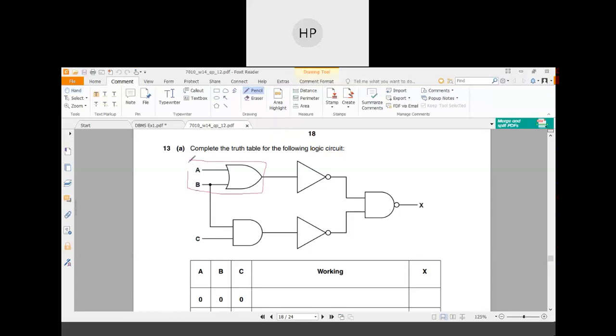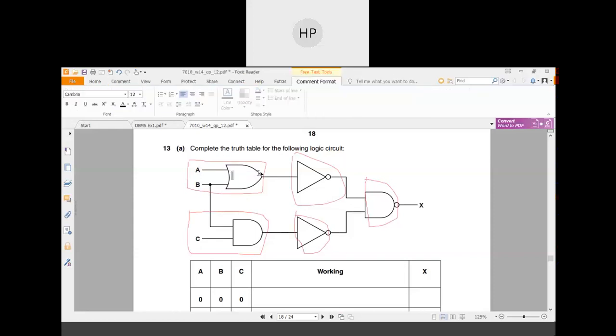So what we have here is 5 separate gates in this particular circuit. This one, A and B, goes through this particular gate. What is this gate over here? It's an OR gate, yes?